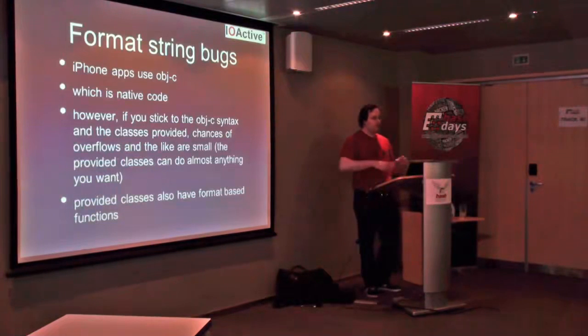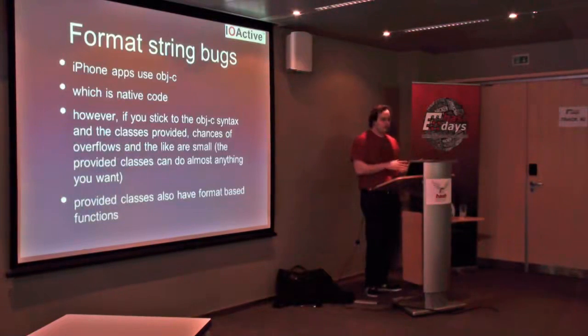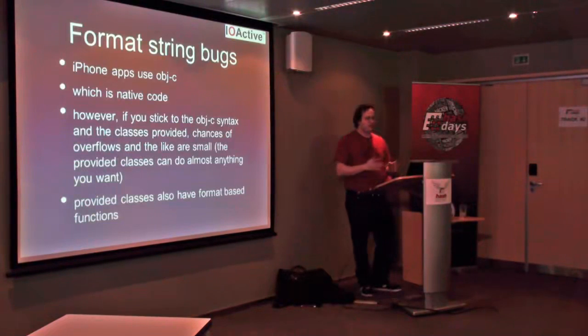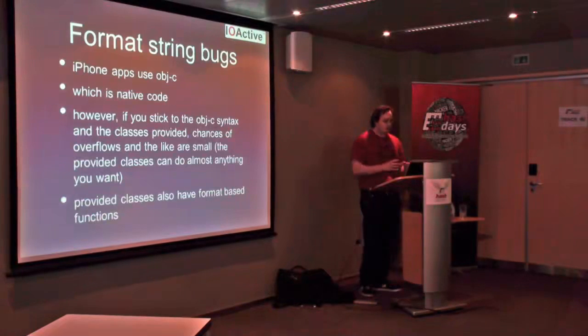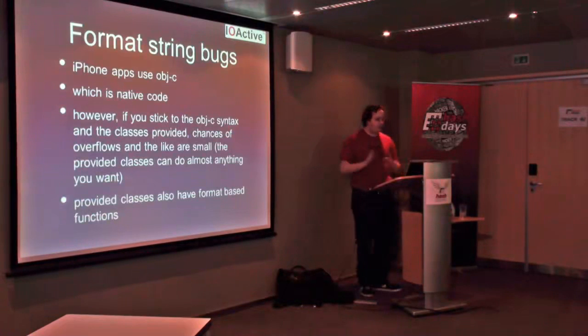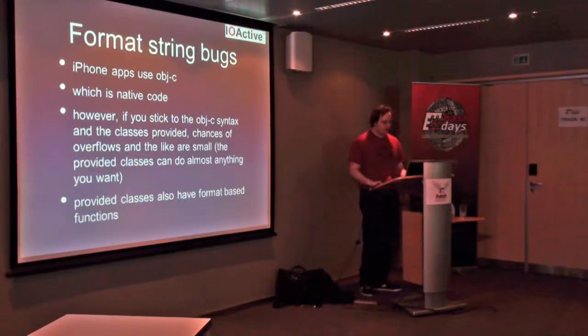If you stick to the Objective-C classes and objects, you are not going to be vulnerable to stuff like buffer overflows. All of these low-level security issues that you have in C are technically still there in Objective-C, but if you stick to Objective-C objects, you can mostly avoid those issues.